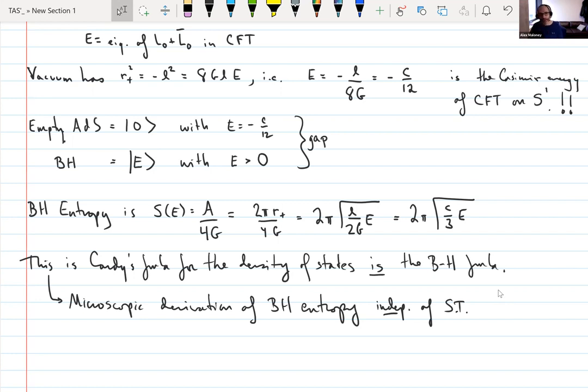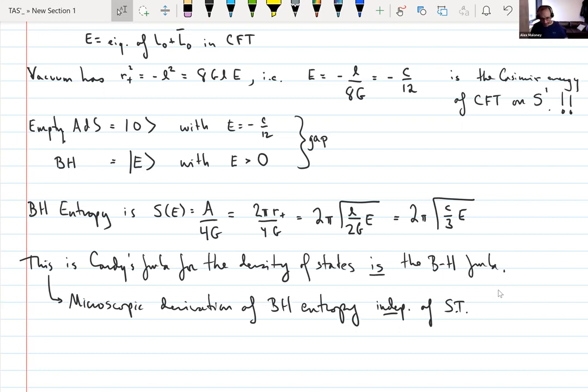In particular, I don't want to dwell on it in too much detail, but one of the things that's slightly confusing about this derivation of black hole entropy is that although Cardy's formula agrees with the Bekenstein-Hawking formula, they have different regimes of validity. Cardy's formula is valid in a fixed CFT at large energy, whereas the Bekenstein-Hawking formula is valid in a theory with central charge large, but with energy of order the central charge.